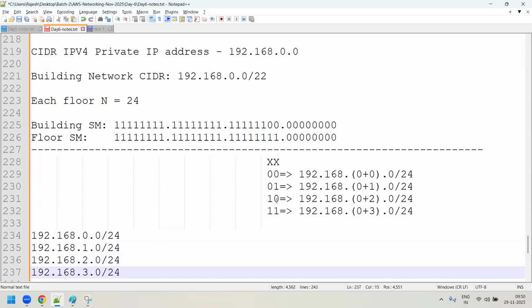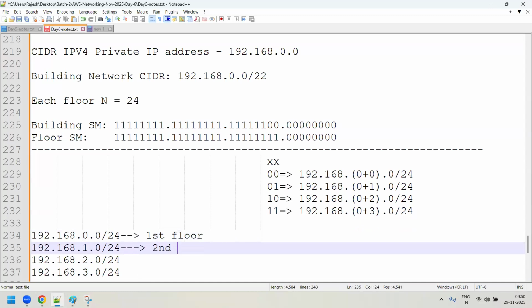This is what you will be giving. This is the network you will be giving. It means that for each floor, this is the first floor, and this is your CIDR notation for the second floor, third floor, and fourth floor, like this.